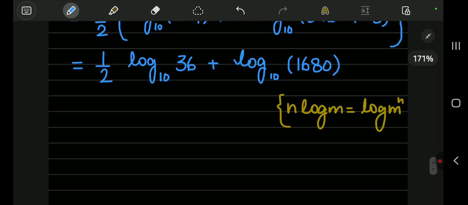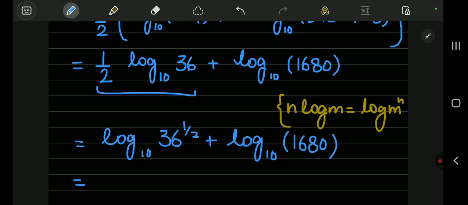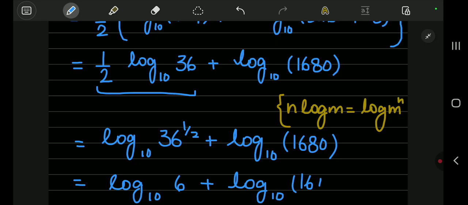So let's apply it on this part. It will give you log with base 10 of 36 to the power half. What is the square root of 36? 36 is a complete square of 6, so it will give you log with base 10 of 6 plus log with base 10 of 1680.